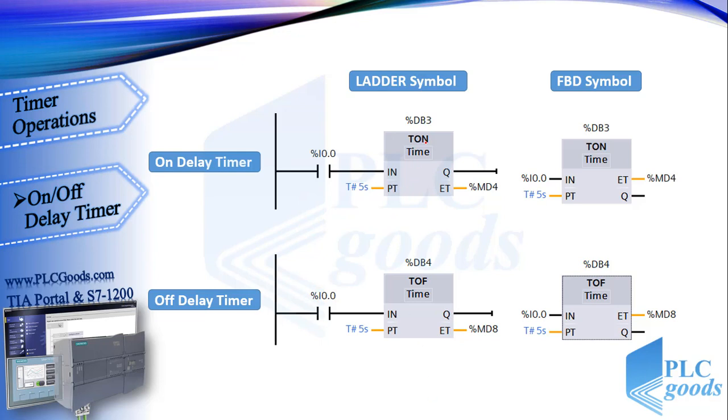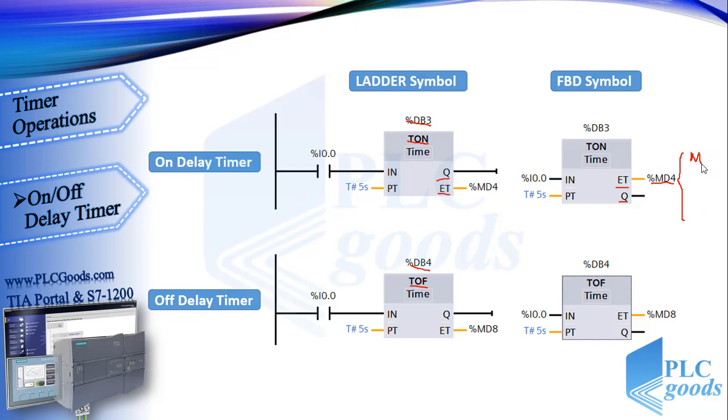We can notice these timers with a small syntax, TON and TOF. As you know, each timer needs a data block to work correctly. Each timer has two outputs, but their sequence in ladder and FBD are different. If we need to store and use elapsed time, we must use an address with 32 bits such as MD4.